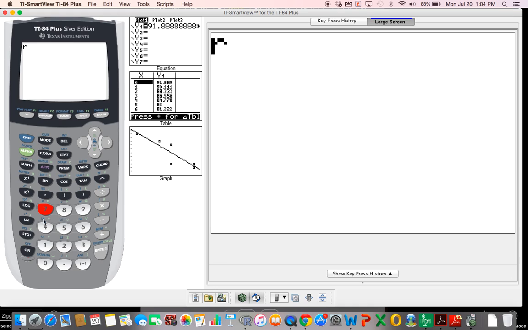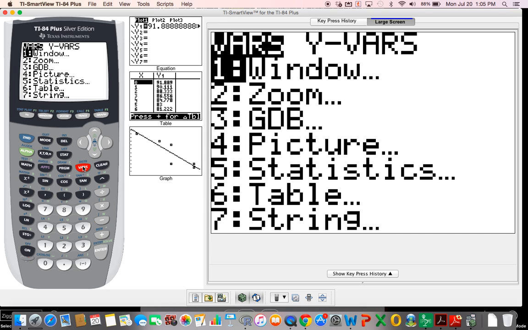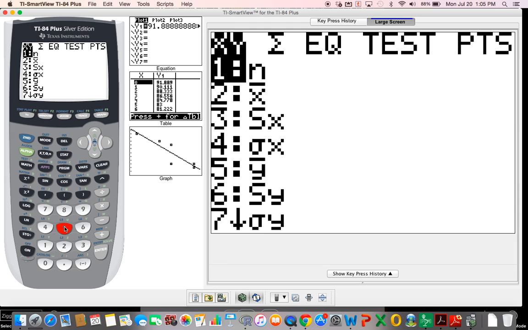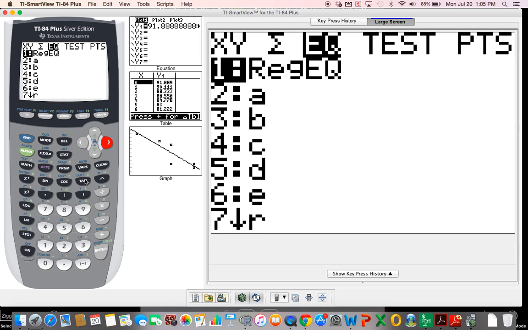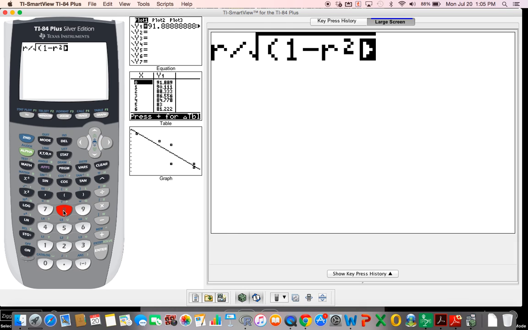So I have my R. Now I want to divide that by the square root of 1 minus R squared. Got to go back to variables, go to number 5, go over to equation, and I'm pretty sure this is number 8. I'm going to take the chance that it is number 8, and it is.